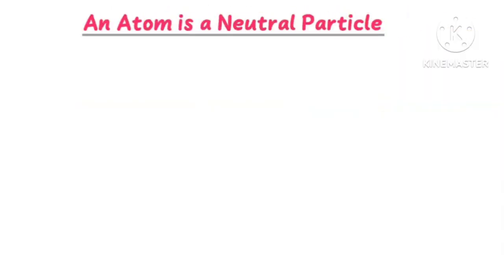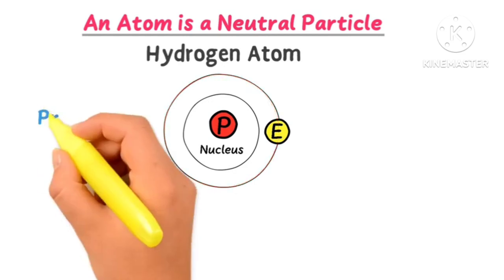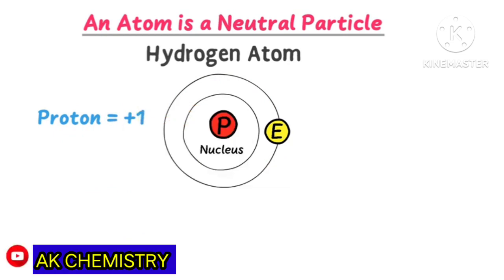For example, consider a hydrogen atom. We know that there is only one proton in the nucleus of hydrogen and only one electron that is revolving around the nucleus. So we can write proton is equal to positive 1 because protons are positively charged particles.